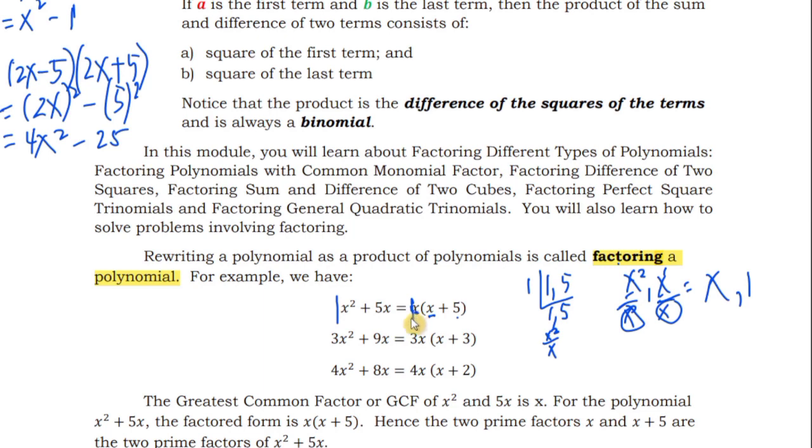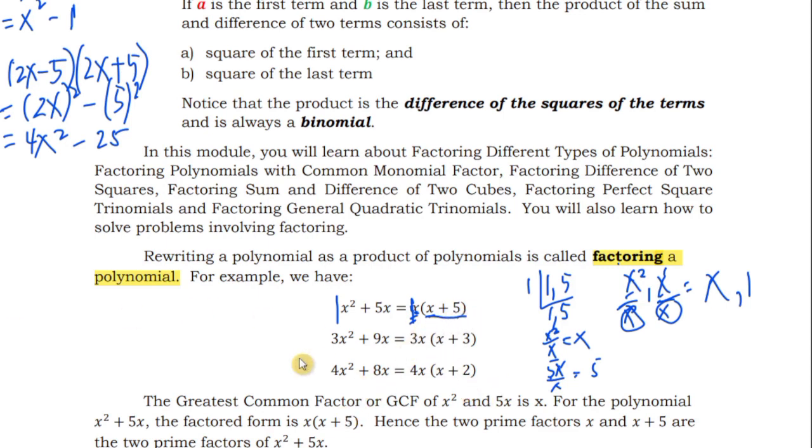Automatically the common factor is x. So x squared divided by x is x, and 5x divided by x is 5. That is why the other factor is x plus 5.